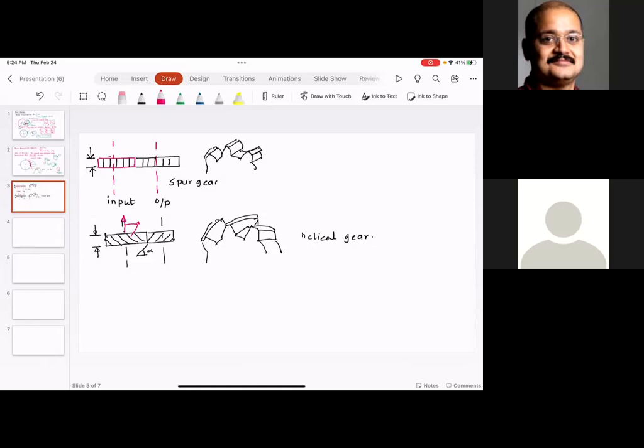In certain cases, you want to make sure that there is axial thrust. And that is the reason why, if you look at stick shift cars, manual transmission cars, the last stage is usually a helical gear, so that there is a positive thrust on the clutch plate all the time.